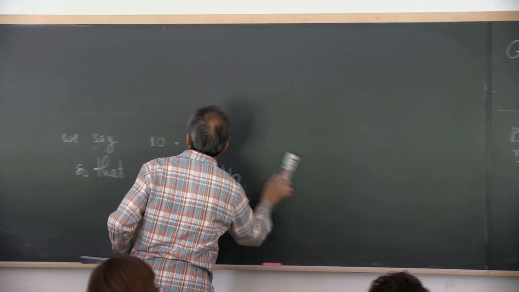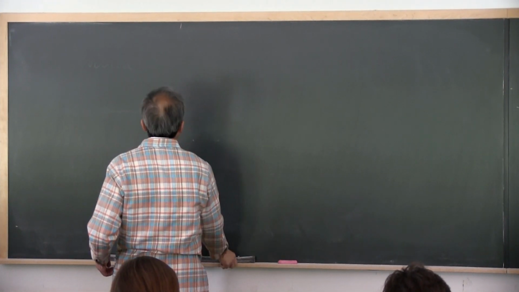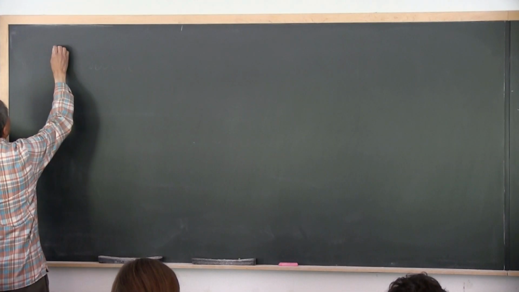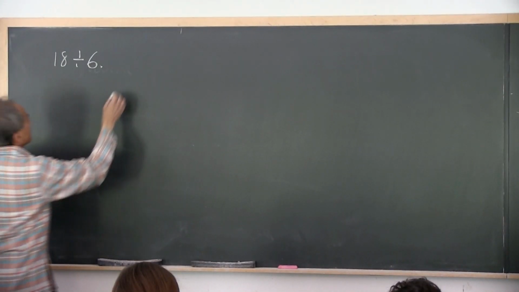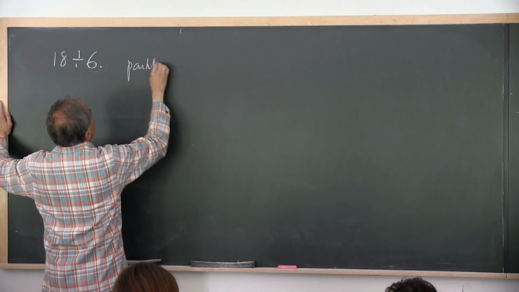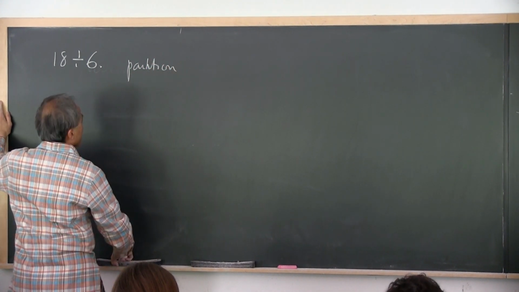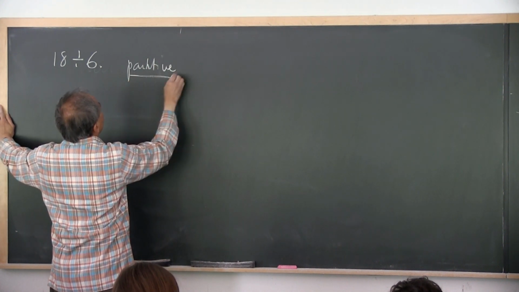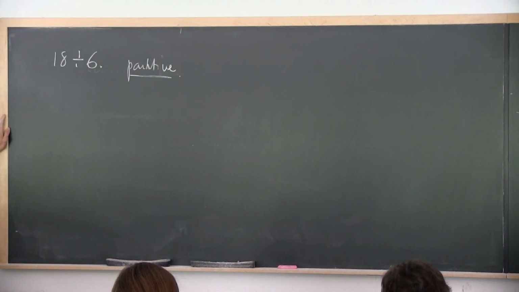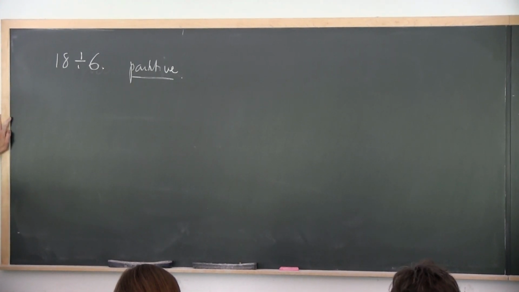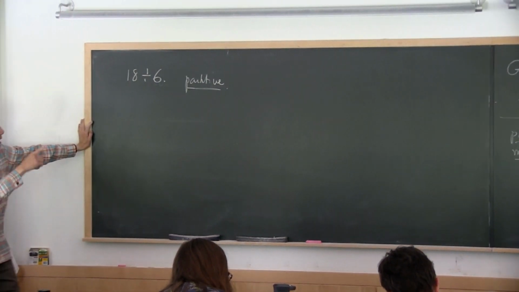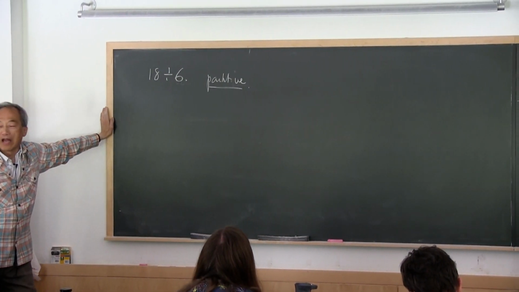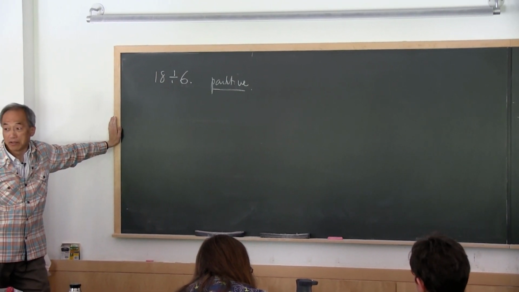So now we use 48 and 16, right? Oh, that's too big. Let's say 18 and 6. So the partitive meaning means I have to divide 18 into 6 equal groups, and I ask, how many are in each group?